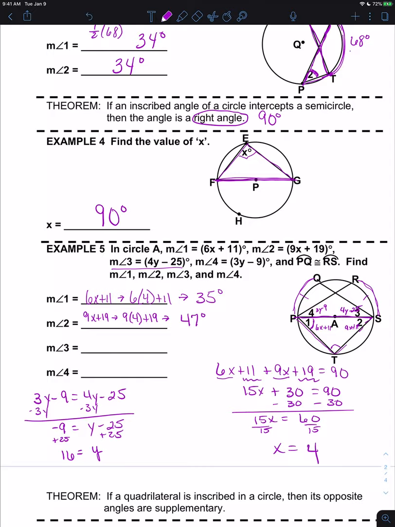So measure of angle 3 is 4 times y, which is 16, minus 25. And that gives us 39 degrees. Measure of angle 4 is 3y, y which is 16, minus 9. And that gives us 39 degrees because we know they have to be the same.